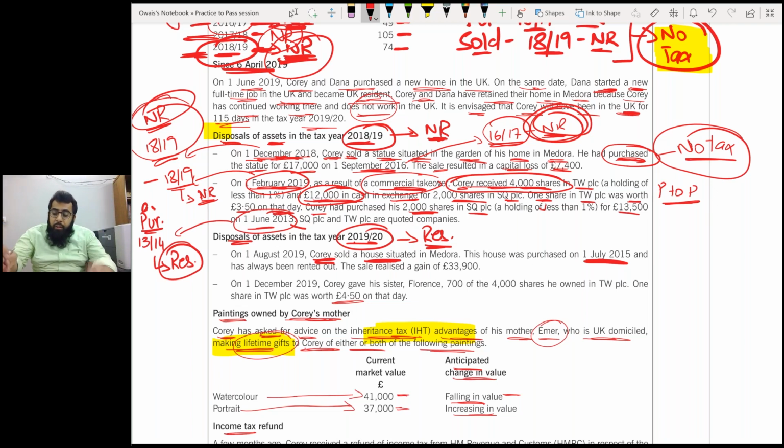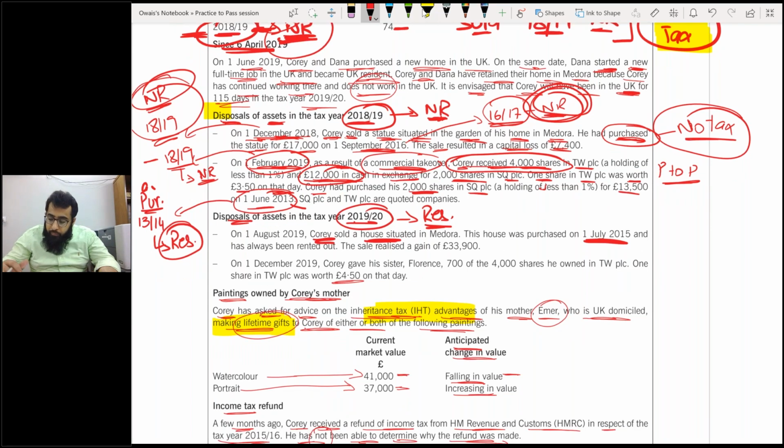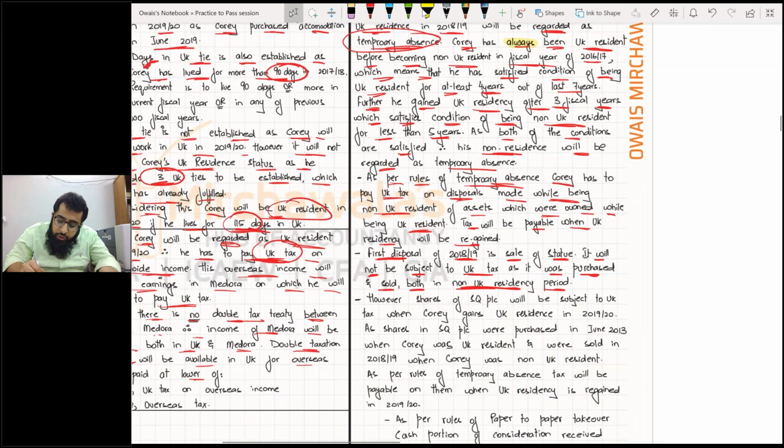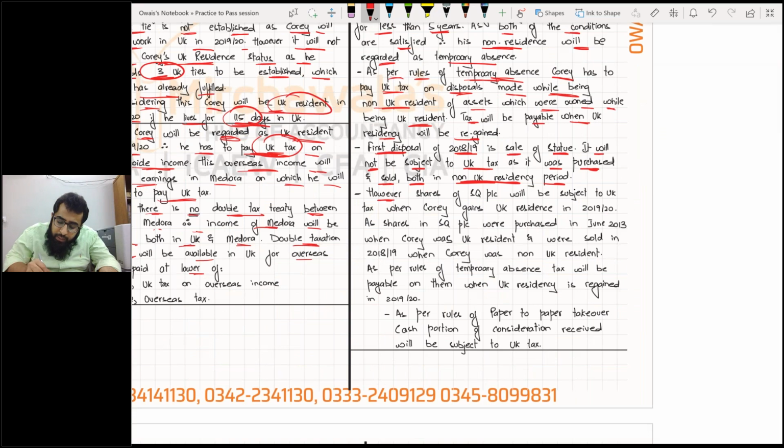Okay, let's look at the answer. Please don't rush, please concentrate. However, shares of SQ plc will be subject to UK tax when Corey gains UK residency in 2019-20.